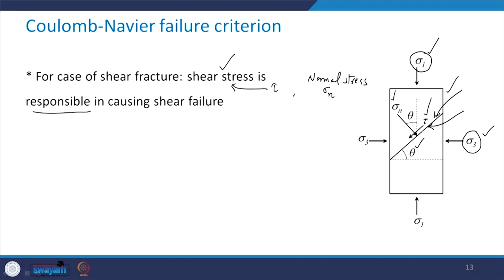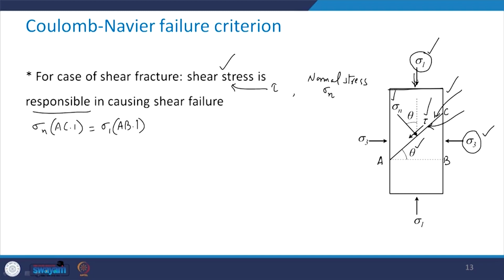How? Let us see. So here we have that sigma n is acting. Say this is point A, this is point B, and this point is C. So we will have sigma n into AC into 1 equal to sigma 1, which is acting on this side, that is AB, into 1, and it is acting in the vertical direction.